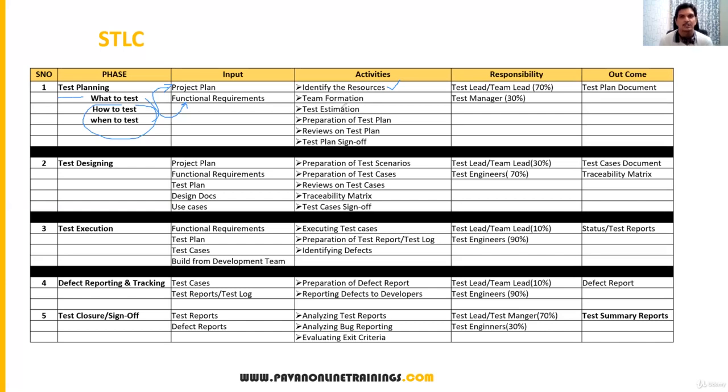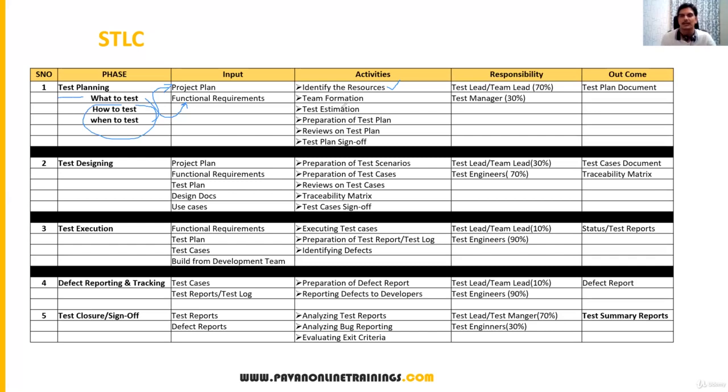During those 3 months, how much time do we have to spend in the testing phase? How many days, or 1 week, or 2 weeks, or 3 weeks? That is test estimation. We have to estimate the time based upon the requirements and the project plan duration. By keeping all these in mind, we will prepare the estimation.